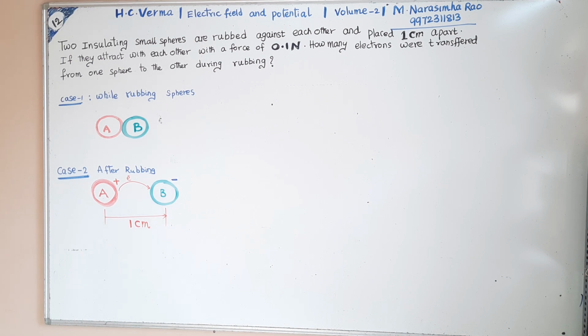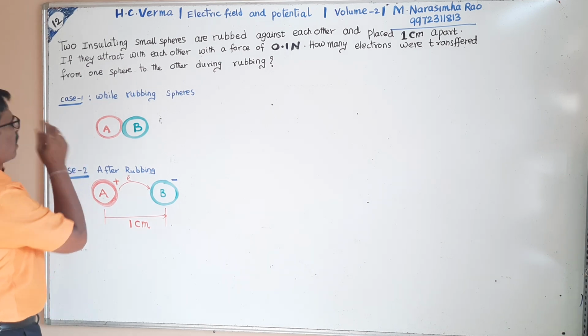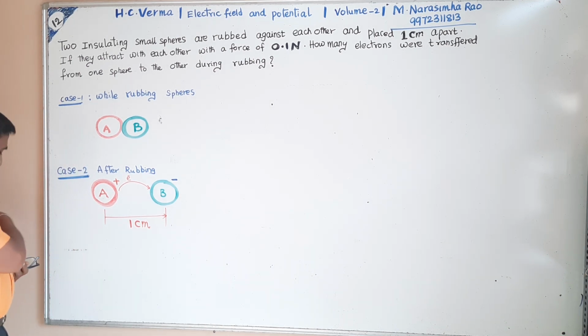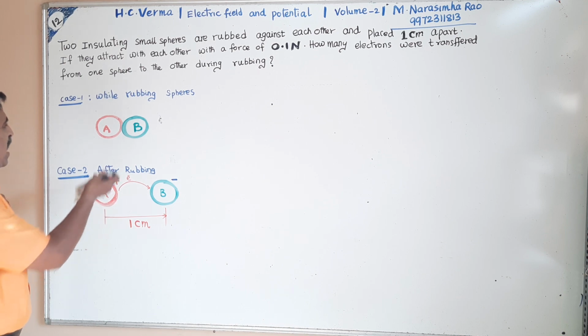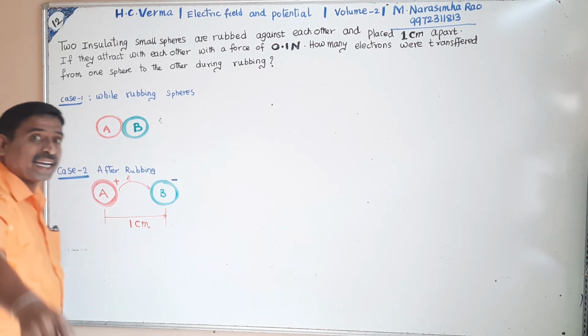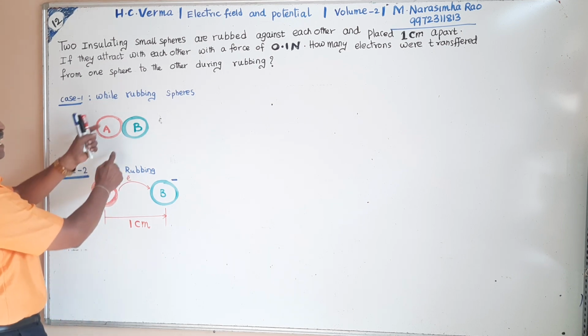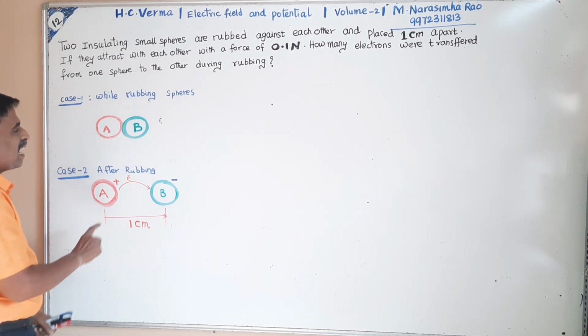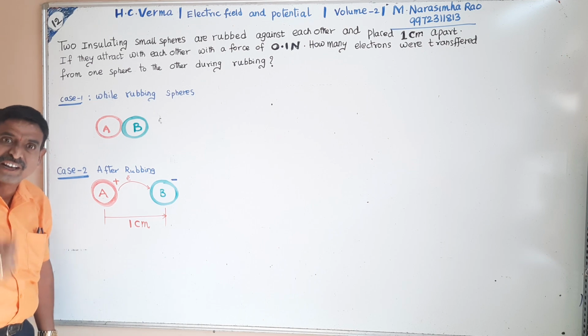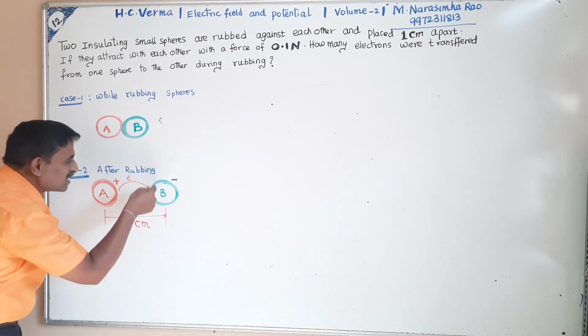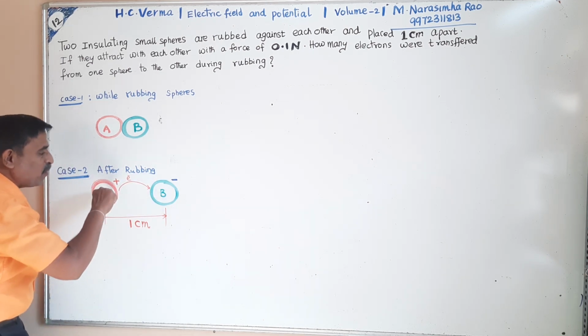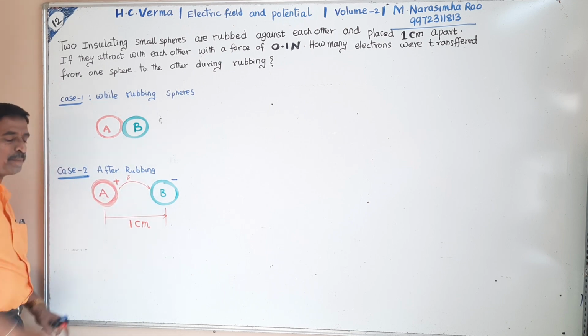Now please listen here. In this problem, there are two spheres. I am considering sphere A and sphere B. They are in contact, rubbed together. At the time of rubbing, due to the friction, electrons are transferred from one sphere to another sphere.